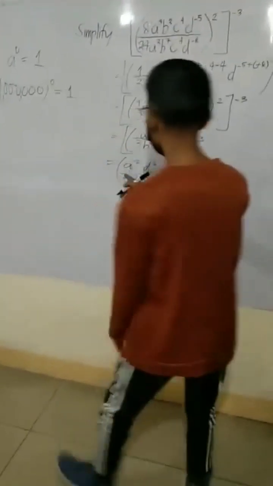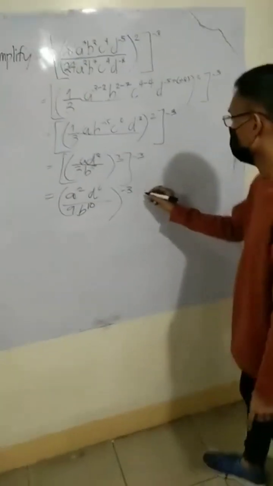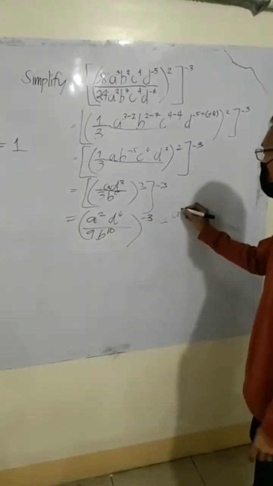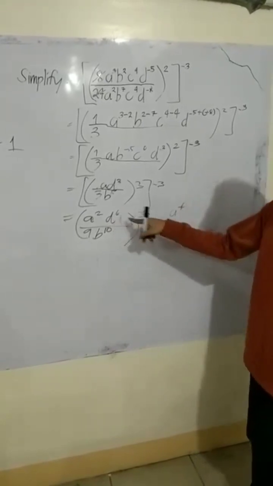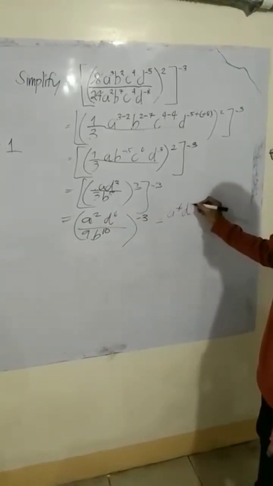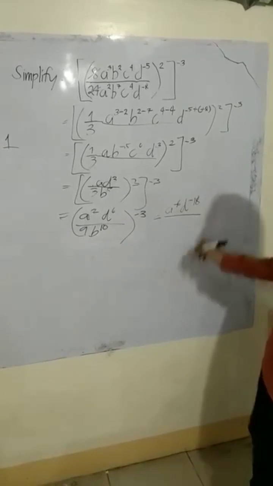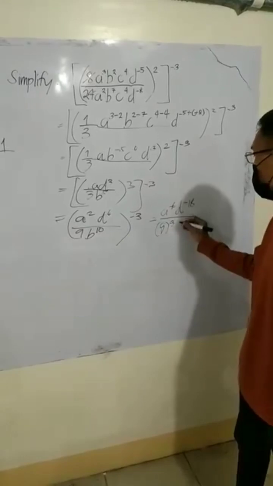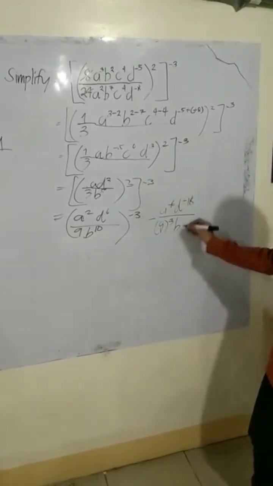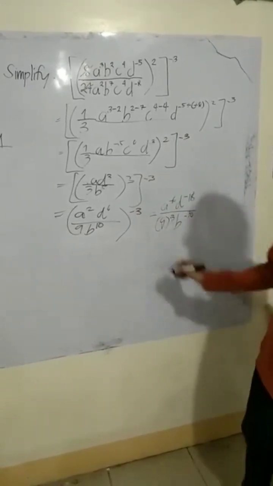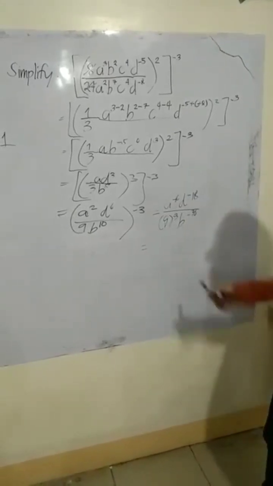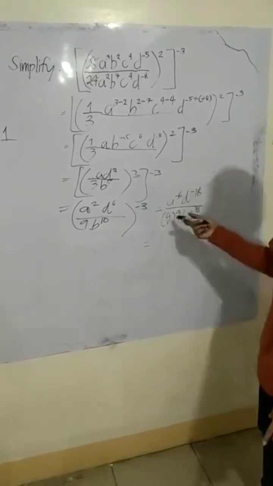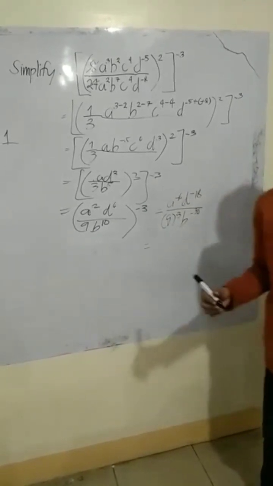And then we're going to simplify this further. So this becomes a, 2 times negative 3, that's negative 6. d, 6 times negative 3, that's negative 18. All over 9 raised to negative 3. b, 10 times negative 3, that's negative 30. And since the variables in the numerator are negative as well as this, we're going to flip that.